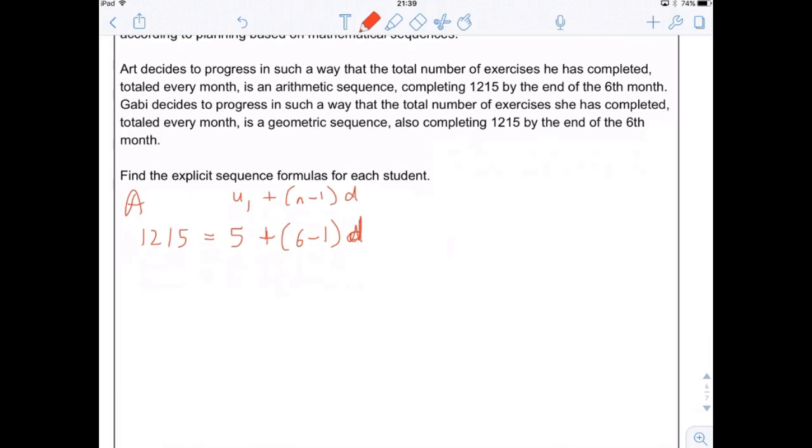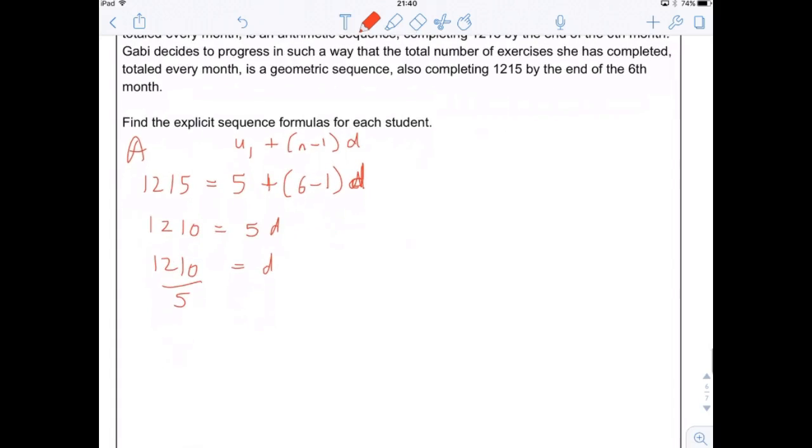Okay, so let's see. 1,215 minus 5. I'm going to put 1,210 equals 6 minus 1, which is 5, times d. Now I'm going to divide 1,210 by 5. That'll give me about 242.